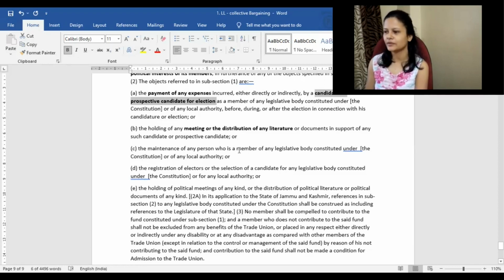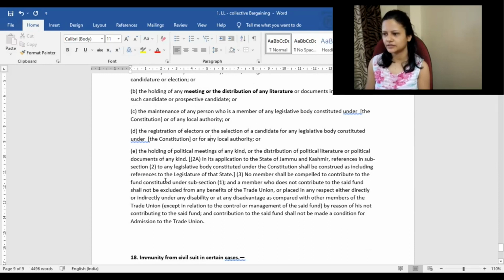Maintenance of any person who is a member of any legislative body constituted under the Constitution or any other local authority, whatever will be needed for that also it may be utilized. Registration of electors or selection of candidates for a legislative body constituted, registration or their nomination or other purposes, whatever may be needed.